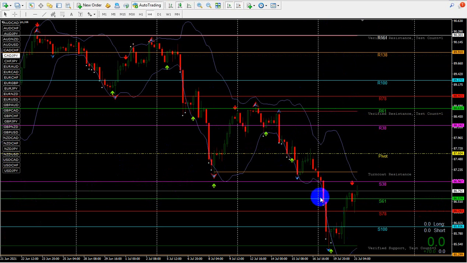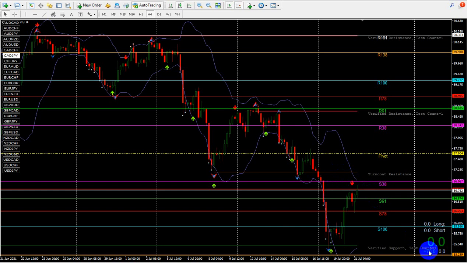Okay guys, back again. This is CAD JPY. This is where I make money again. You see, I had my arrow right there, but this system, I'm not selling this one. This one is my baby. As I've told you guys, I'm a developer. I develop systems for trading the FX markets.